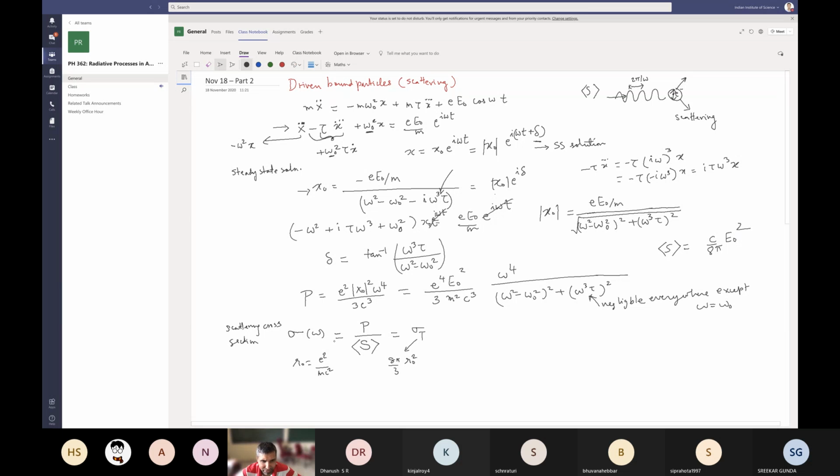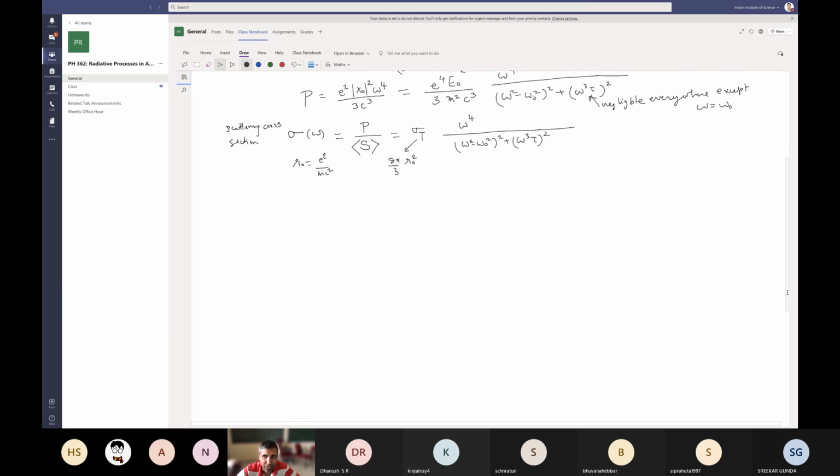So we will have e^4 by m squared c^4, and then we have omega^4 by (omega squared minus omega naught squared) the whole square, plus omega cube tau the whole square.